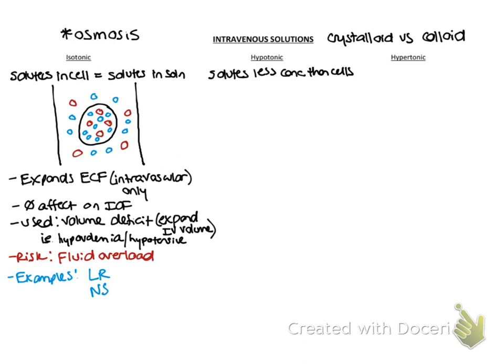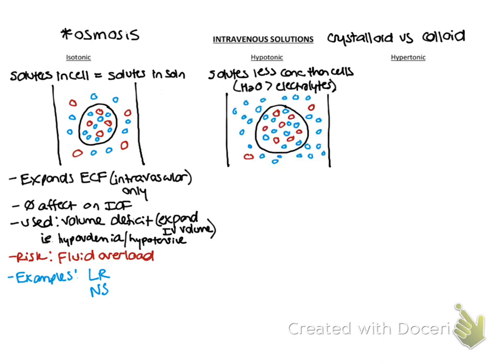All right. So a hypotonic solution, again, we're talking about IV fluids. There are fewer solutes than in the cells. So there's more water than electrolytes. If I'm giving a solution that has more water than electrolytes, where is this water going to go?